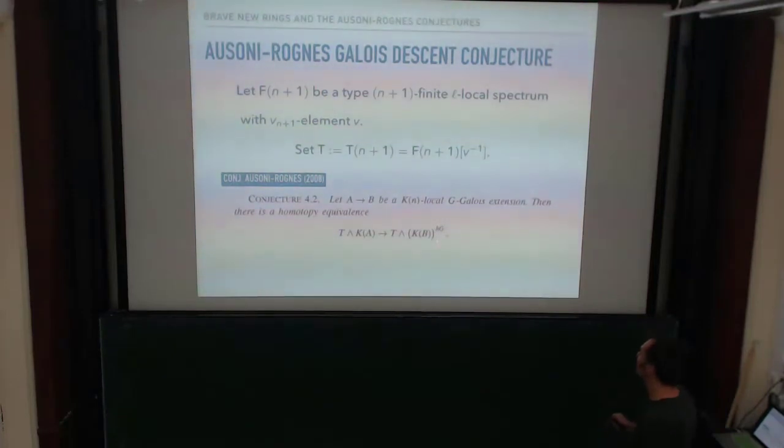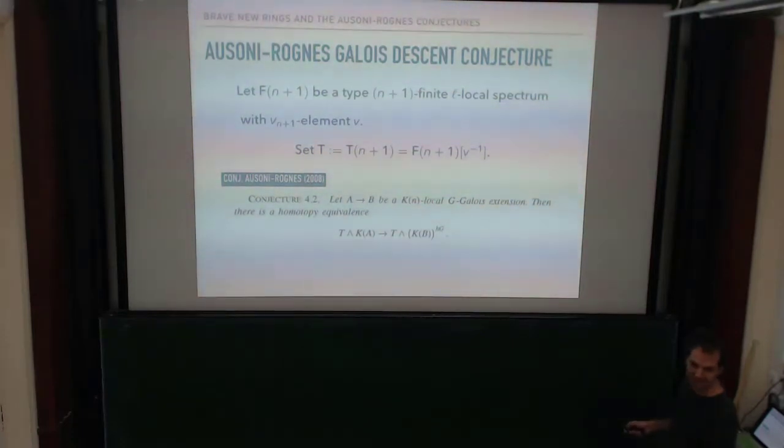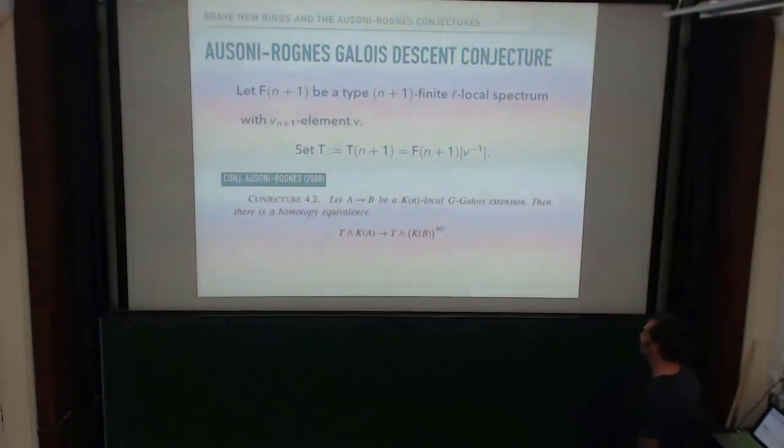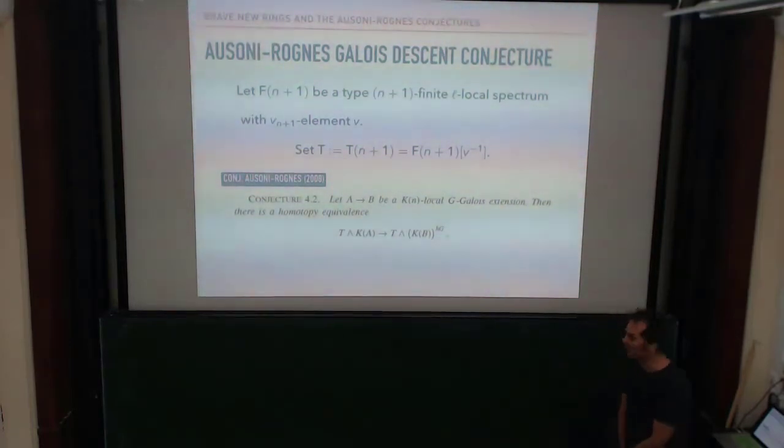If you notice, these parentheses don't resolve any ambiguity. So it's a sort of clever typo. It's very subtle as to whether you want to smash with T and then take homotopy fixed points, or take homotopy fixed points and then smash with T. You can interpret this as saying they're not going to take a stance as to which one they want.